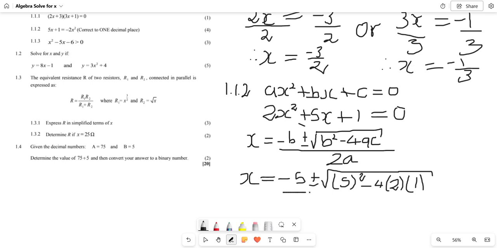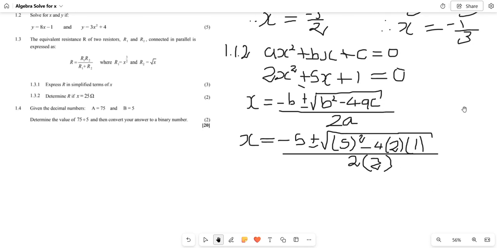Then everything all divided by 2 times the value of a, which here is positive 2. Close bracket. Sorry for that. We need to make sure that everything is clear for all learners. Now we must go down so that we are able to get those values of x.